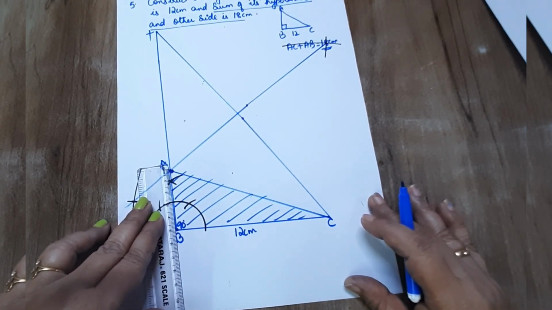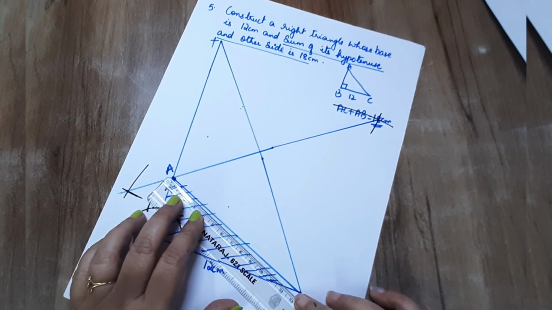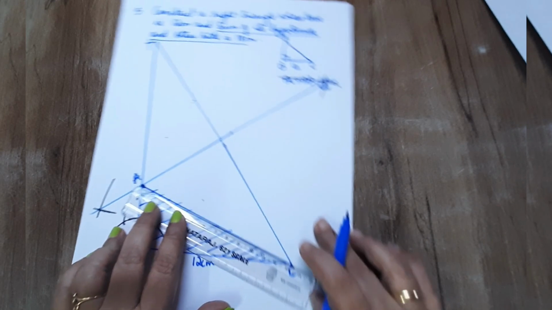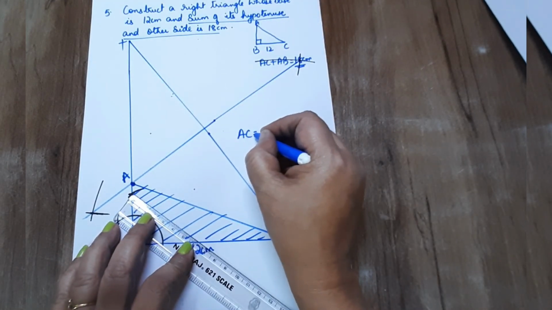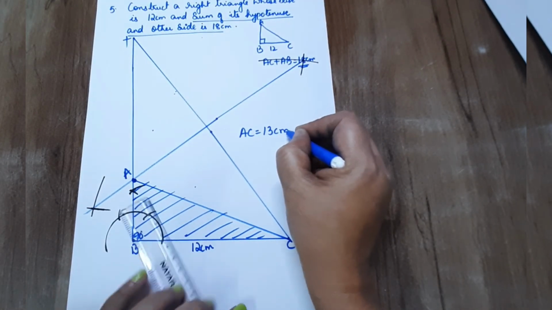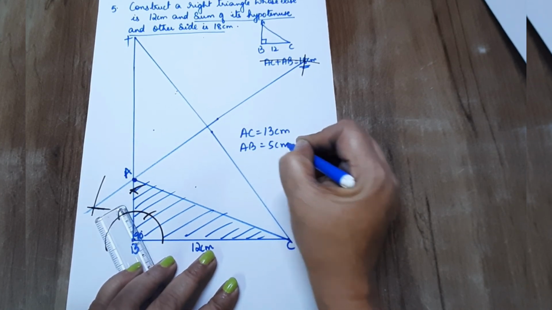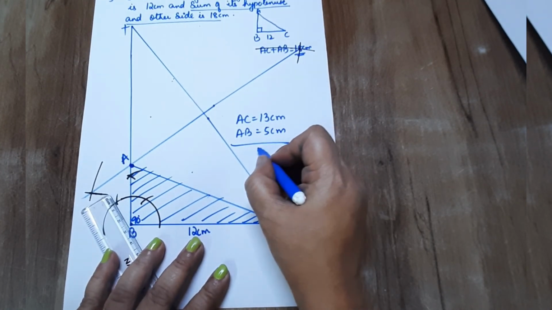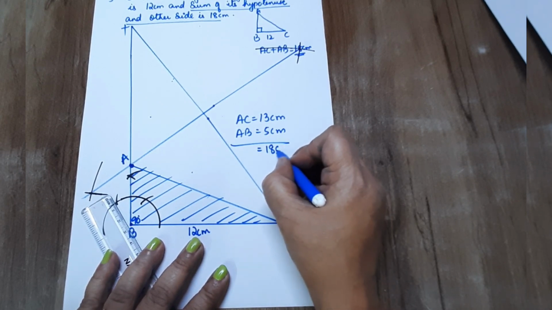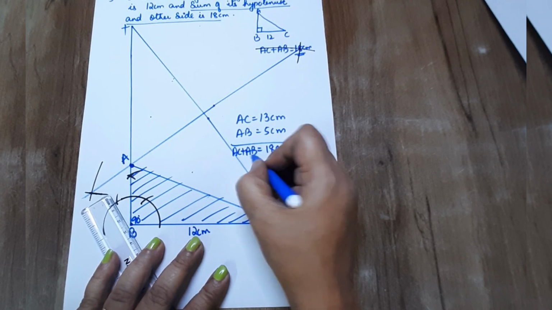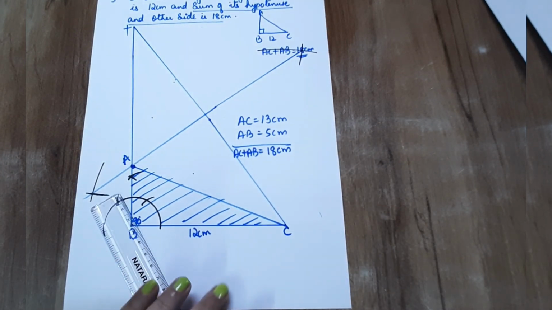I will take 5. Then this should be 13. Yes, AC I got as 13 centimeters. Oh, we got a Pythagorean triplet. 5 centimeters, add it, we get 18 centimeters, the sum of the hypotenuse and the other side is 18 centimeters. I hope you all understood.